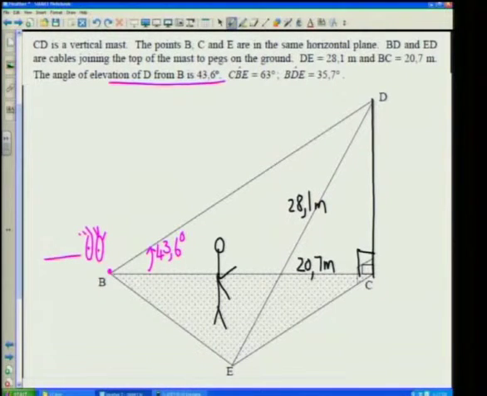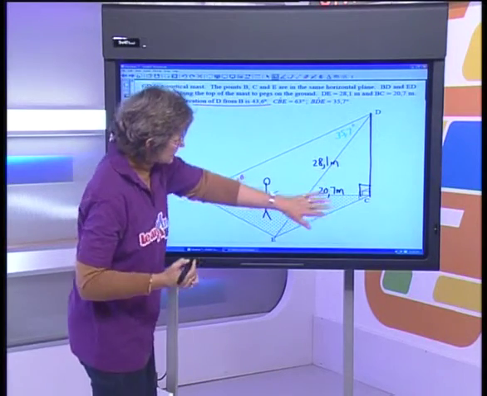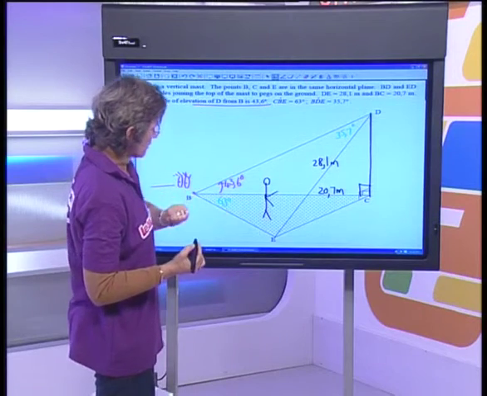Okay. Then they tell me that CBE is 63. So this one here is 63 degrees. And lastly, BDE is 35.7 degrees. Okay. Now, guys, you have to remember that this is 3D. So this dotted piece is definitely the ground, all right?